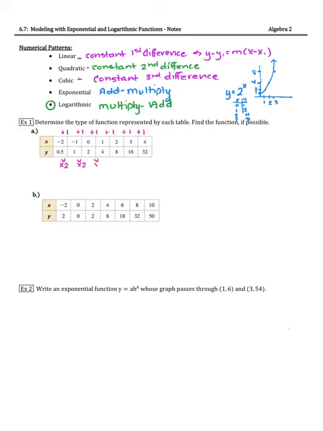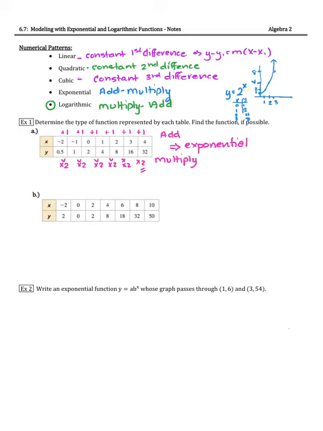Times 2, times 2, times 2, times 2, times 2. So up here we have an add property. Down here we have the multiply property, and that is indicative of an exponential equation. And just a little piece of information that might be helpful when you're going to write your exponential equations, your base will always be what this constant multiplication is.